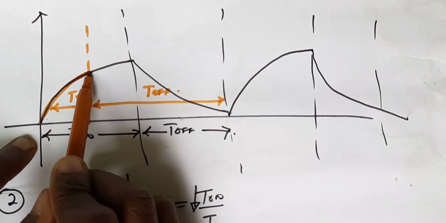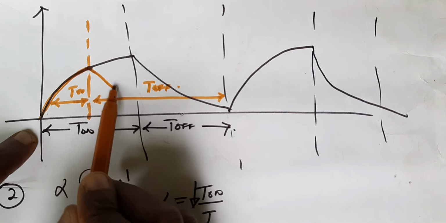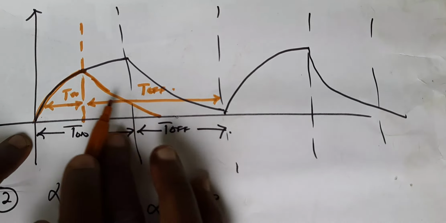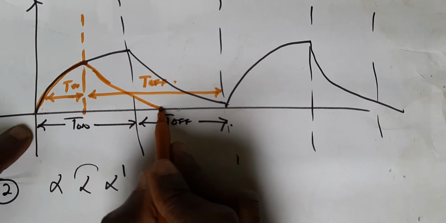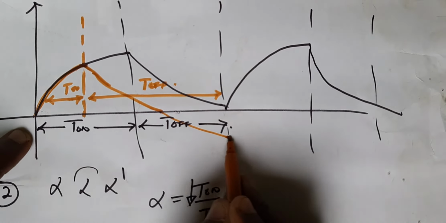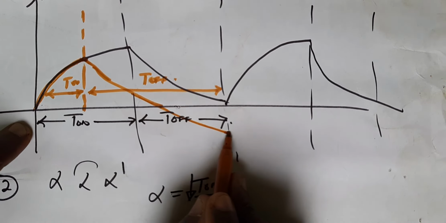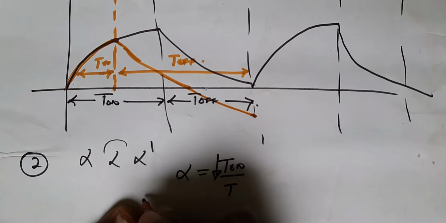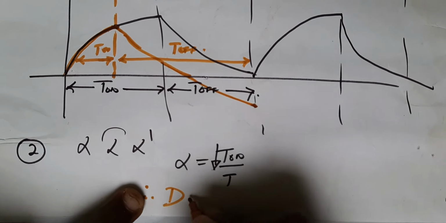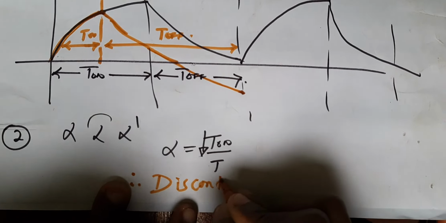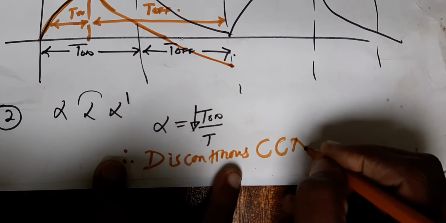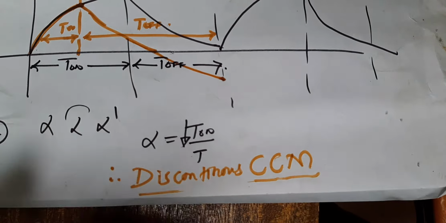But my T off is quite large, so I'll have to cross and come down up to here. And now, which mode of operation is this? This then becomes discontinuous current conduction mode. This is DCCM.